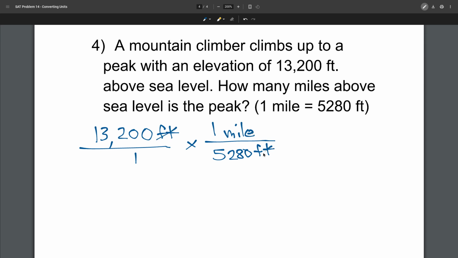The feet will cancel, so we get 13,200 feet divided by 5,280 feet. So if you divide 13,200 by 5,280, you're going to get, why am I writing feet here? You got to be careful with your units. I don't know why I wrote feet over feet.